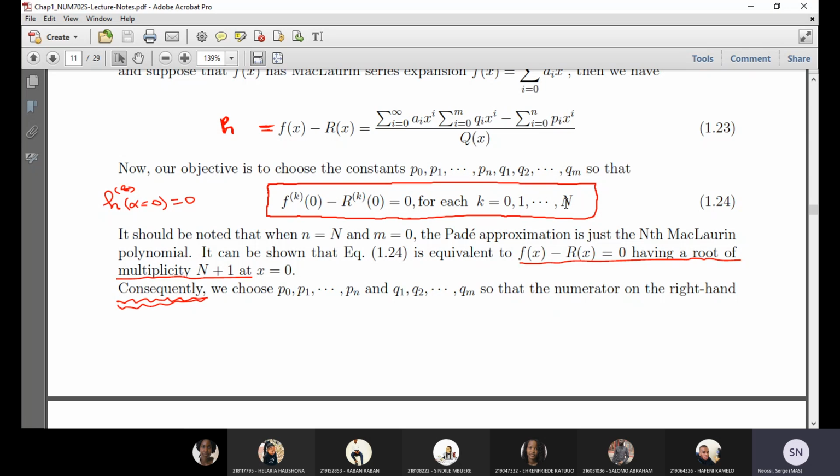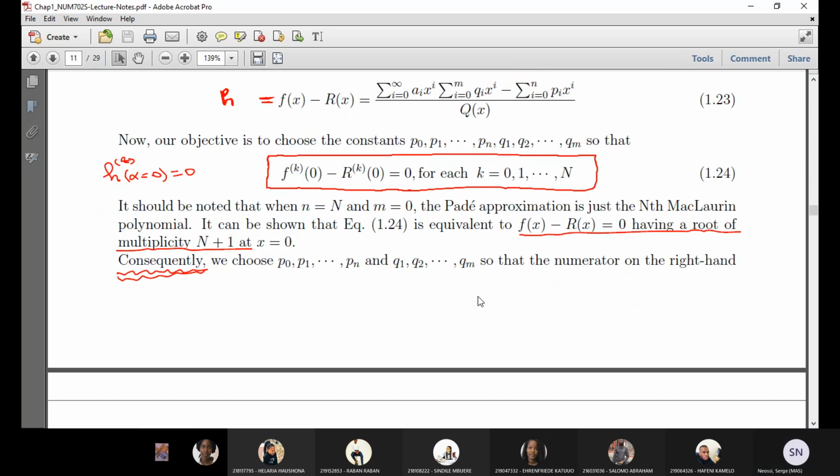That's what gives us our linear system, because we obtain a linear system of N plus 1 equations in N plus 1 unknowns. And therefore, it is a consistent system that gives us a unique solution for the parameters P0 up to Pn, Q1 up to Qm. So that's how we succeeded to obtain an algorithm that will allow us to compute these parameters.